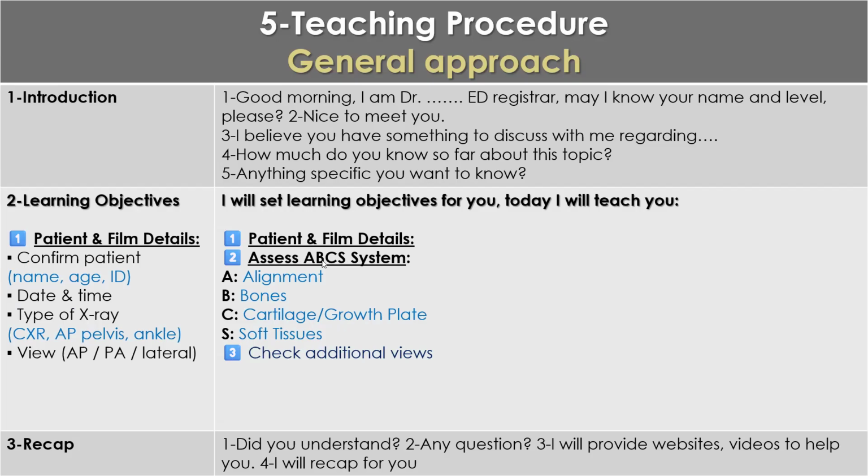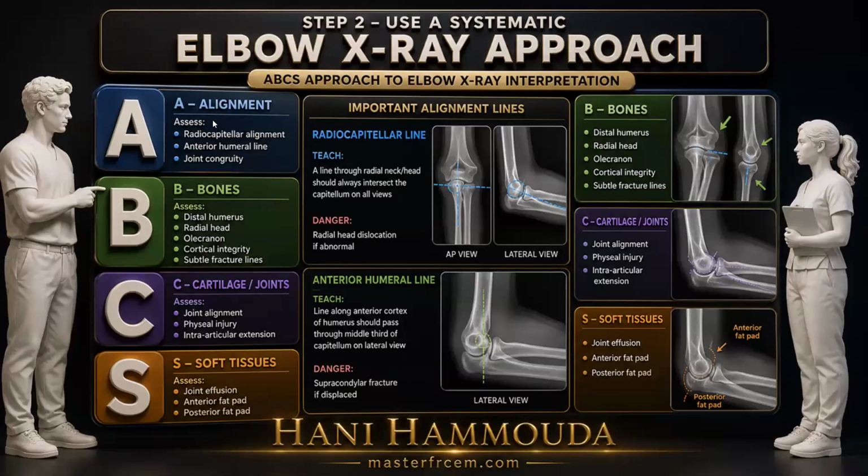Then assess the ABC system. You will talk about A, alignment: radiocapitellar alignment and anterior humeral line. I'm sure you are all familiar with this point. Joint congruent.